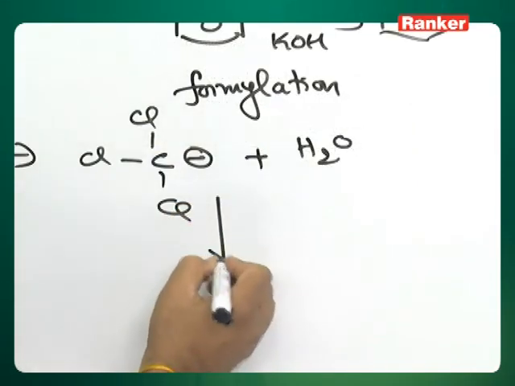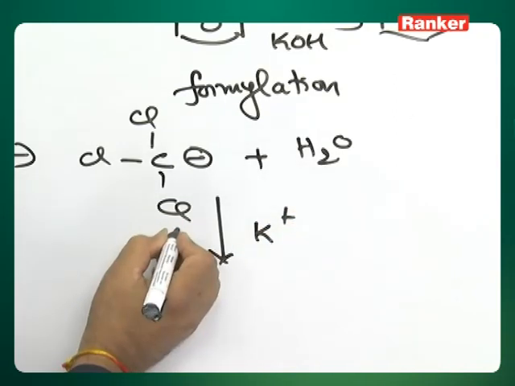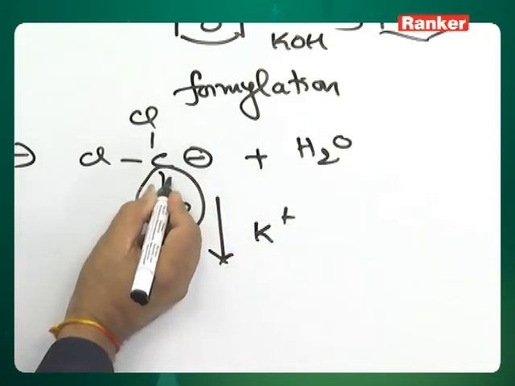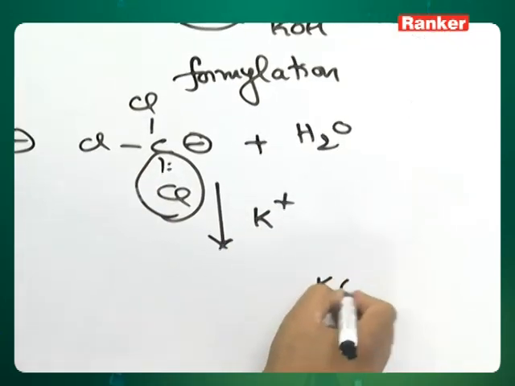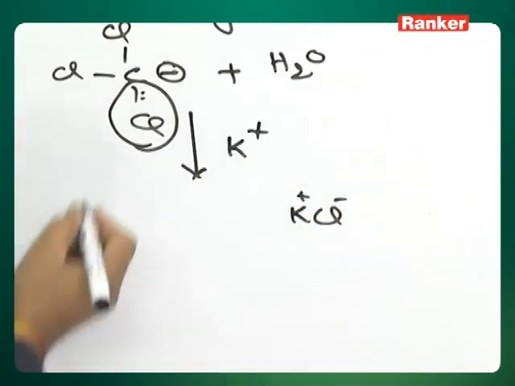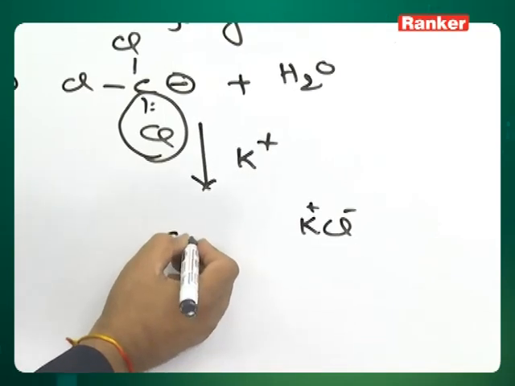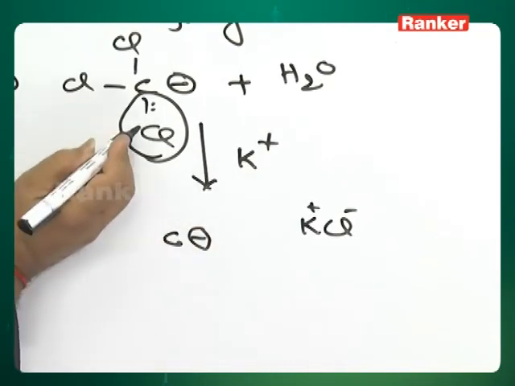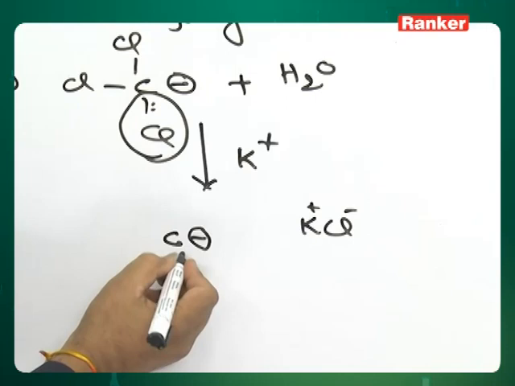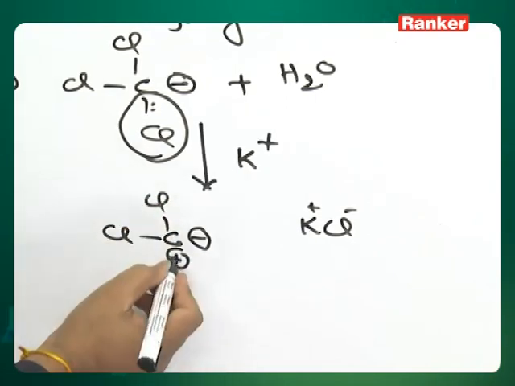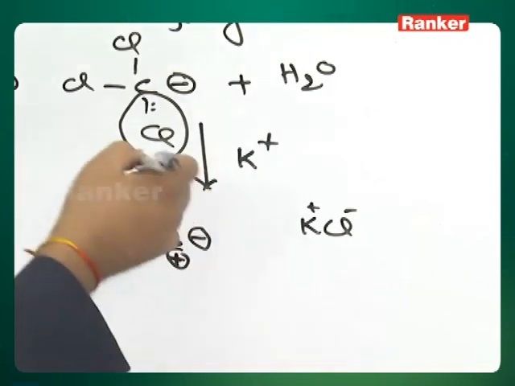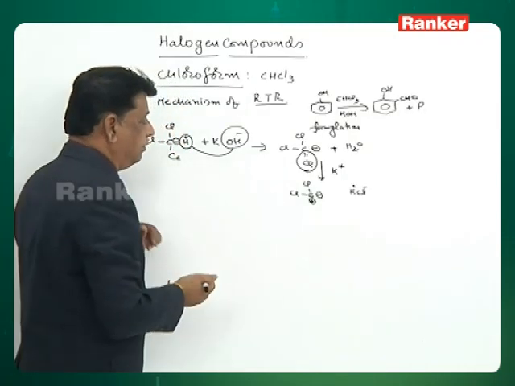Now the K plus will take away one Cl minus with 2 electrons, and Cl minus plus K plus forms KCl, a salt. This becomes a carbon with one minus already there, and the other side 2 electrons are gone. So literally you get this type of compound, containing 2 chlorines with a cation as well as an anion on the same carbon.